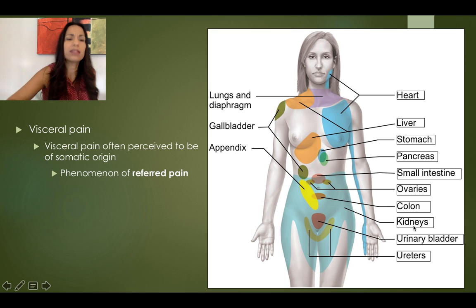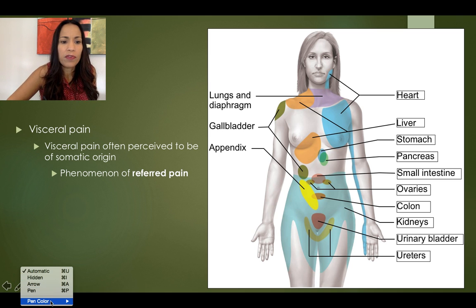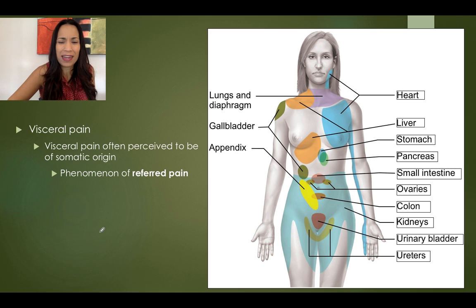Last but not least, I want to explain one cool phenomenon that is called referred pain. And I'm sure that has happened to you before because it happens to everyone. Remember that I explained visceral pain in the first video in this chapter.